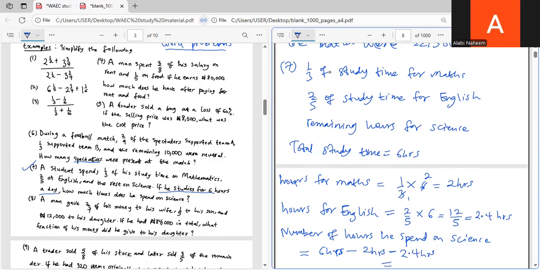So we have 6 minus 2 minus 2.4, and that's 1.6 hours.